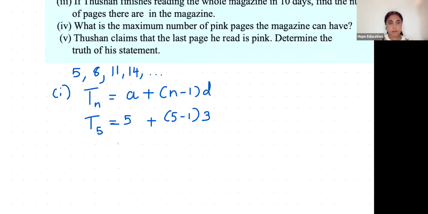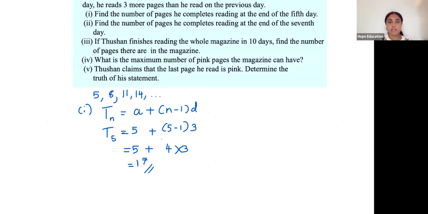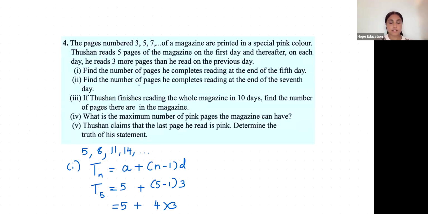So 5 plus 5 minus 1 is 4, 4 multiplied by 3 is 12. So 12 plus 5 is 17. So the answer is 17. Okay. The number of pages he completes reading at the end of the 5th day is 17.